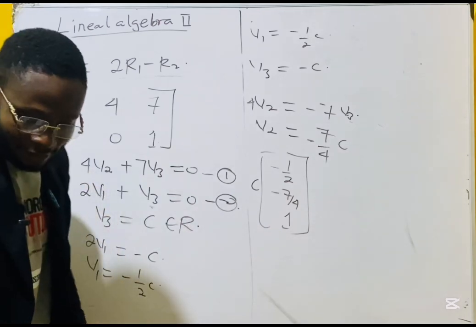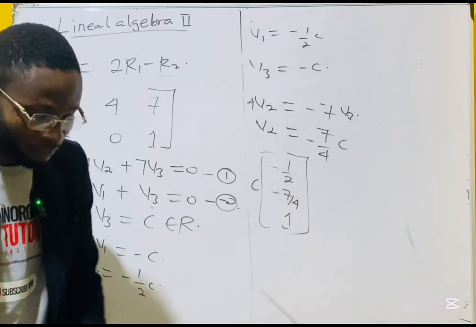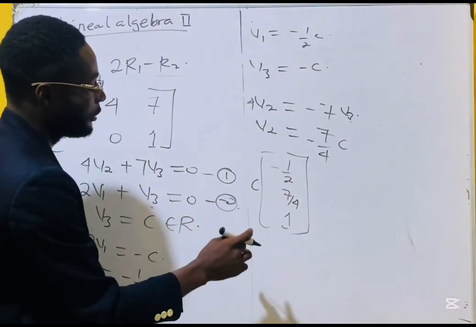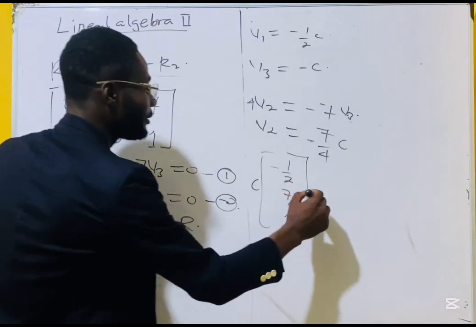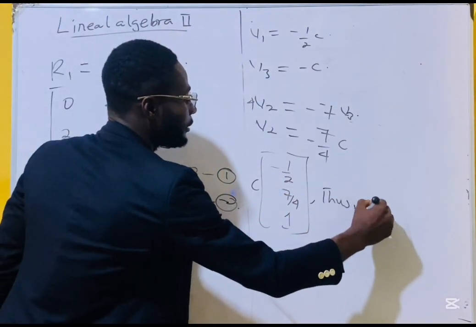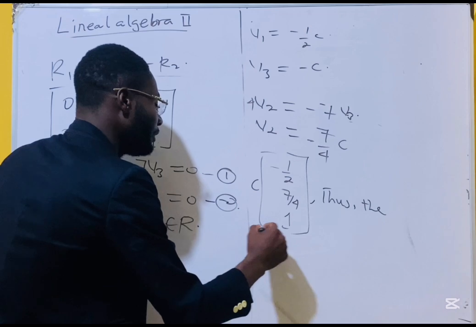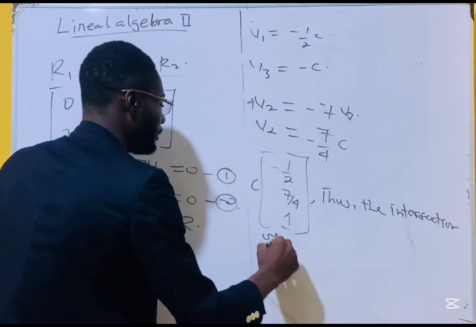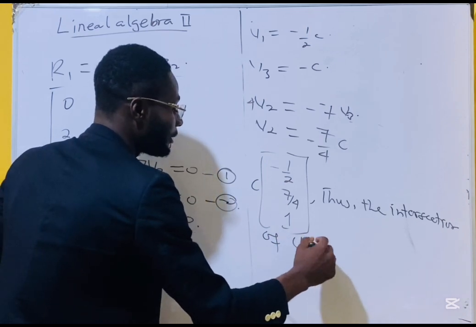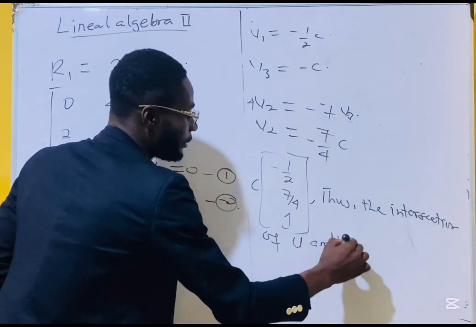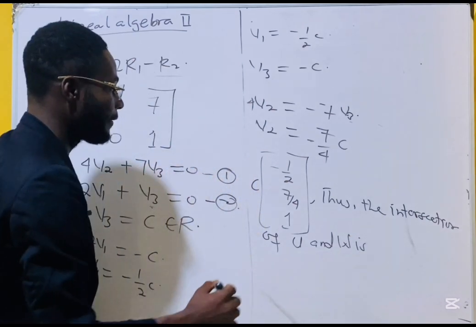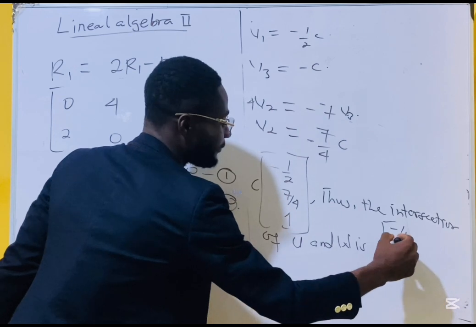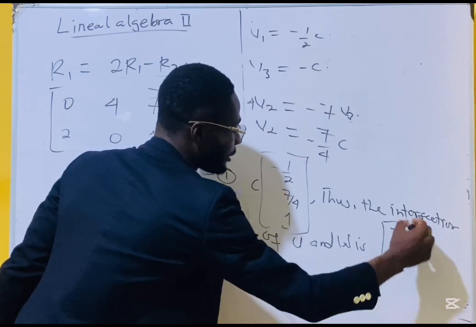So that's the intersection of U and W, given as minus half, minus 7 on 4, and 1, right?